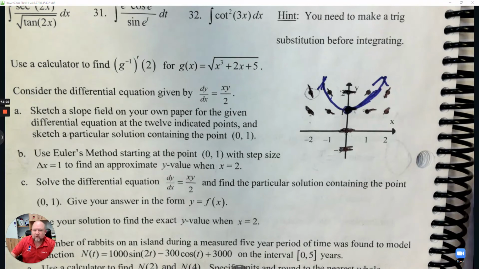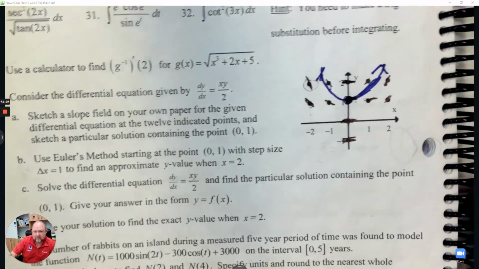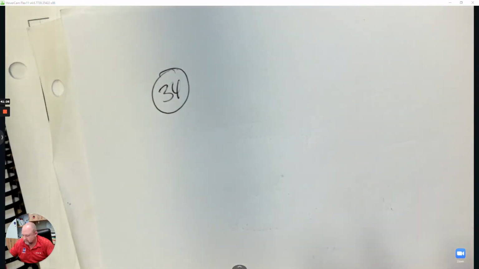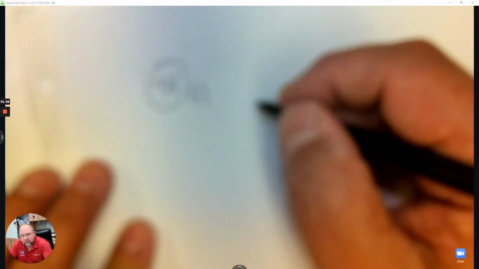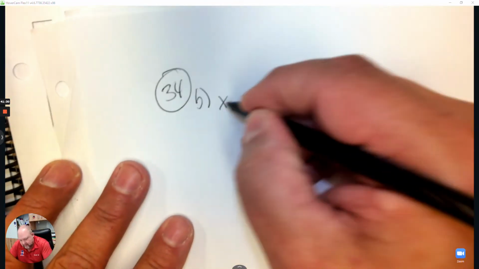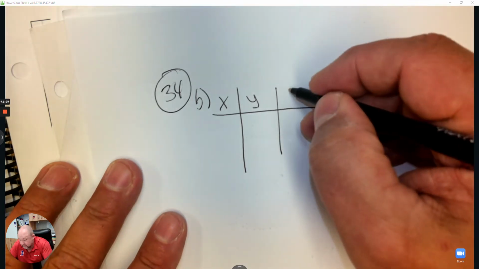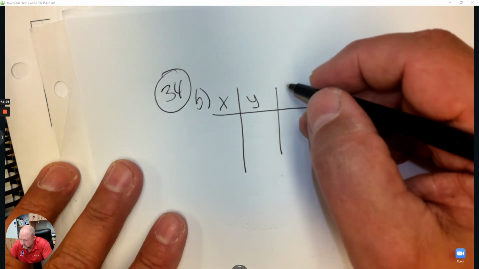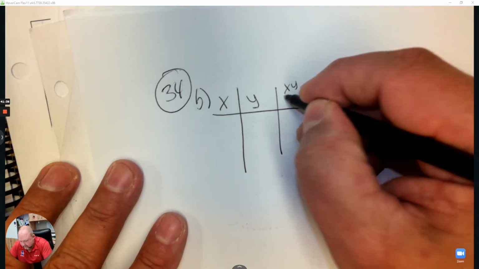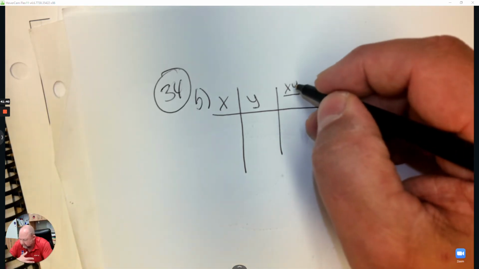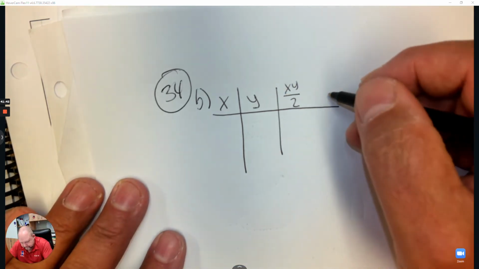Part B is use Euler's method. So I'm going to do that here. So Euler's method, I need the x, the y, the derivative, which is x times y divided by 2.